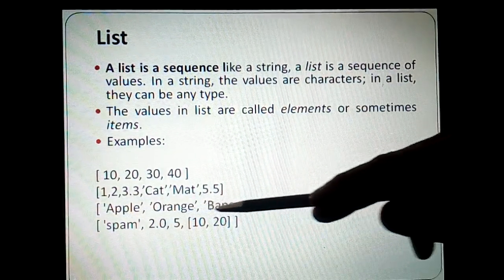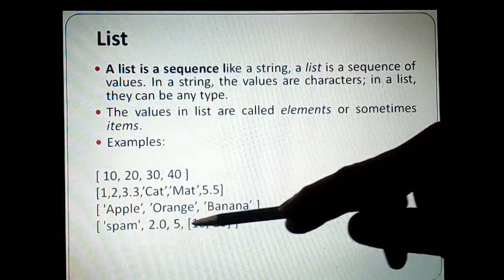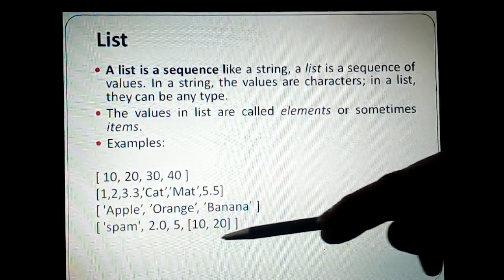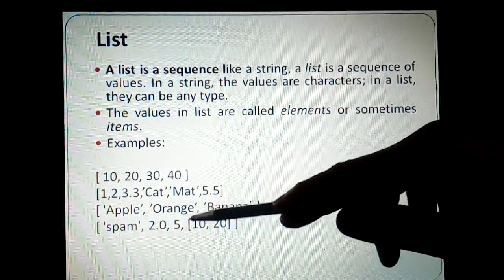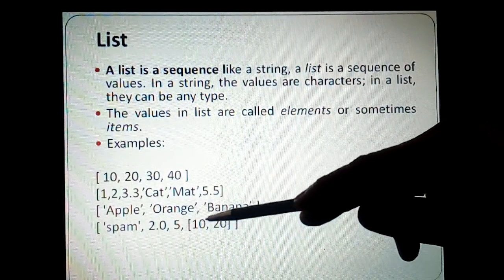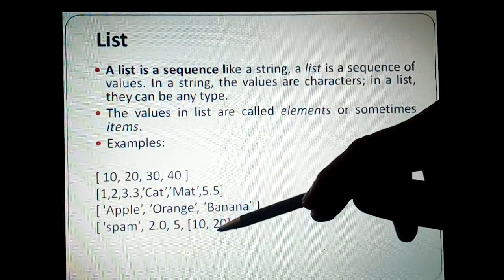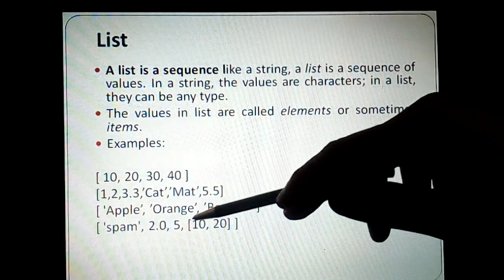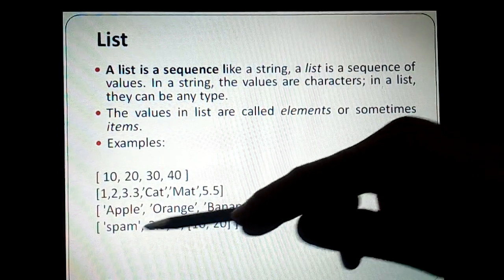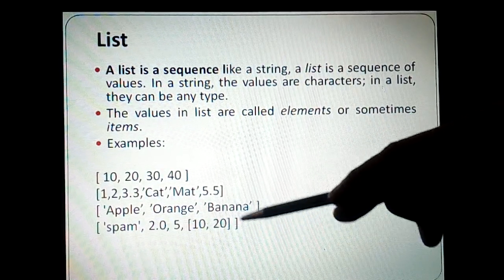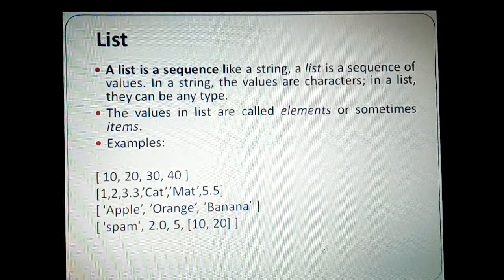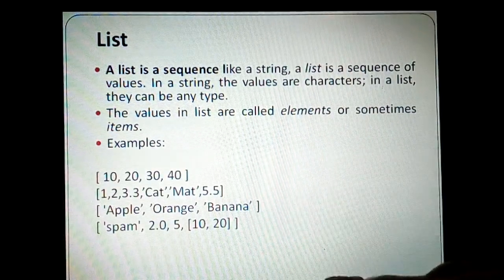Similarly I have apple, orange, banana. So let's focus on the last list, wherein I can have a list within another list. That is, I can put another list, that is called a nested list, and the element of the list, that is the third or fourth element of the list, is another list which is specified with a bracket. So this is also allowed.